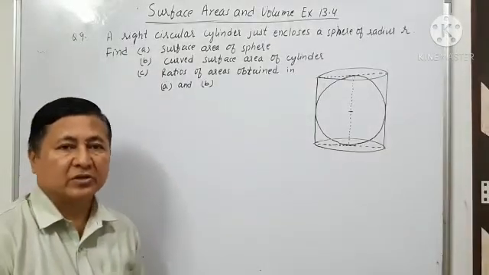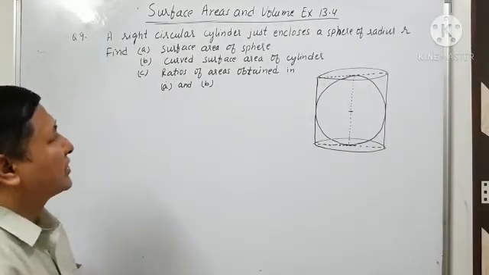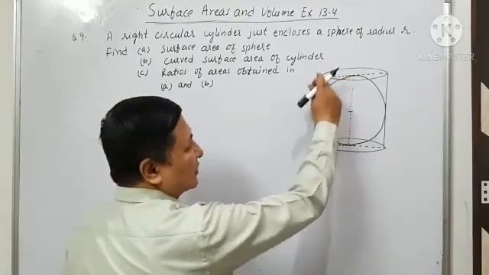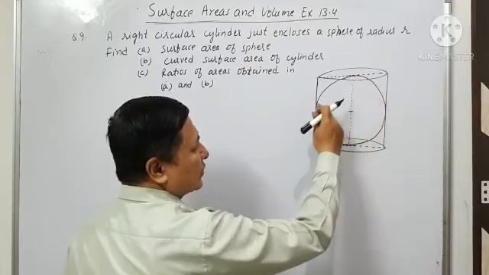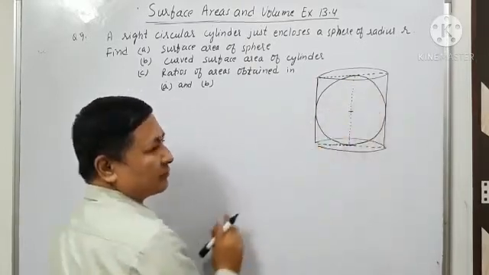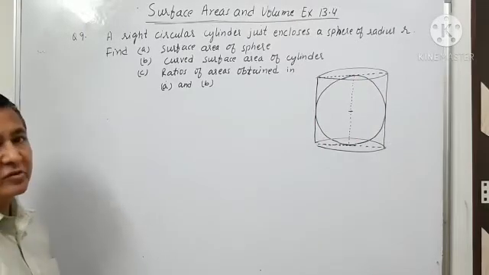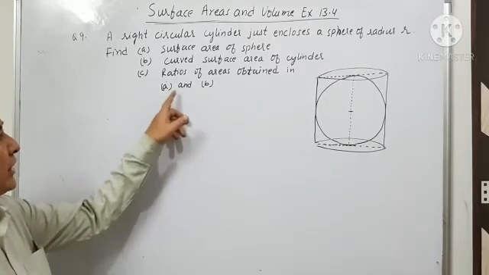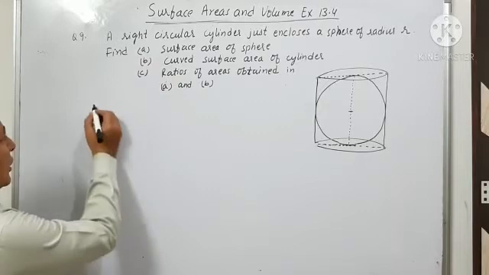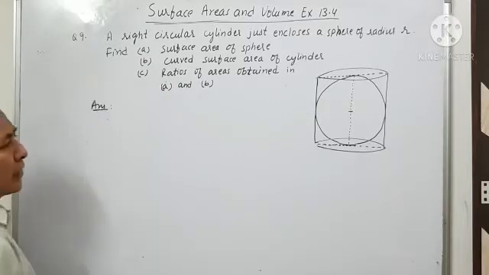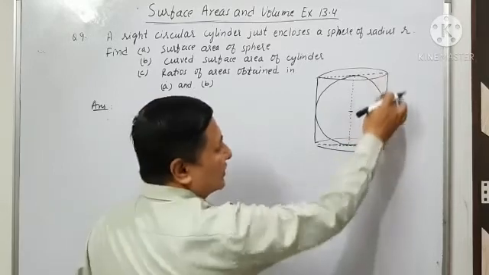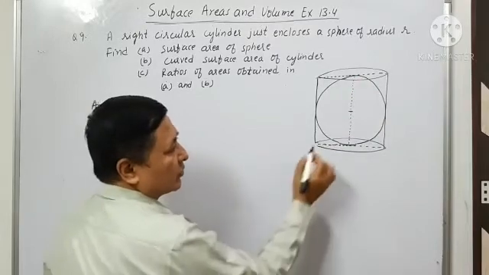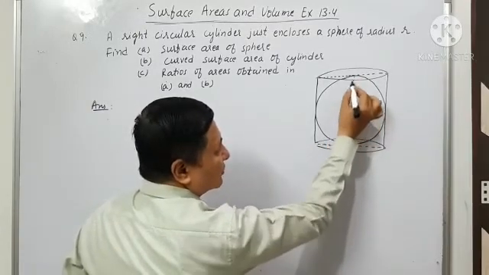Now let us solve the last question of this exercise. A right circular cylinder just encloses a sphere of radius r. You can see here, this is a right circular cylinder that just encloses a sphere of radius r, and we have to find the surface area of sphere, the curved surface area of cylinder, and the ratio of the areas obtained in A and B. Now if you see carefully, the height of the cylinder is equal to the diameter of the sphere, because this is r and this is also r, so this is the diameter.